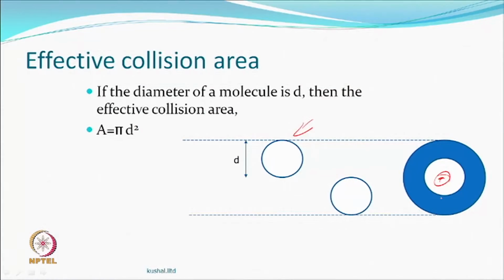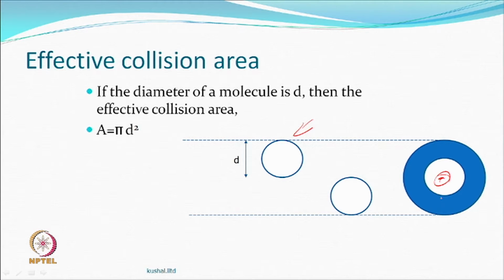If another particle is within the range, how many particles are there within this range? So, the area of this particular thing is pi d square, right, d becomes the radius of the larger pipe, shall we say this is a pipe, a theoretical pipe. If it is in the center, the molecule will be here, but it does not have to be always in the center, it can be anywhere.